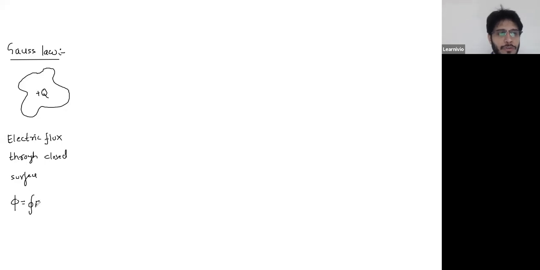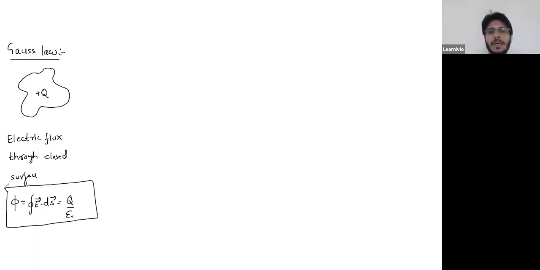Flux through the closed surface is closed integral of E dot dS. Now for this particular surface, this integral would be tough. But if you perform this integral, then the end result would be Q by epsilon naught.